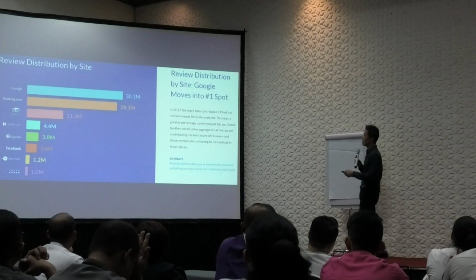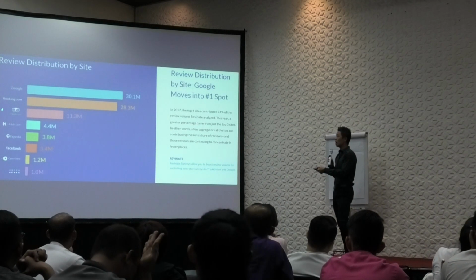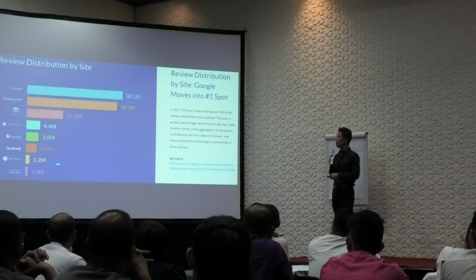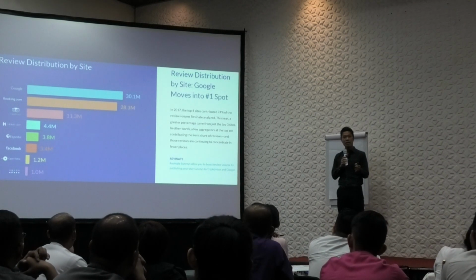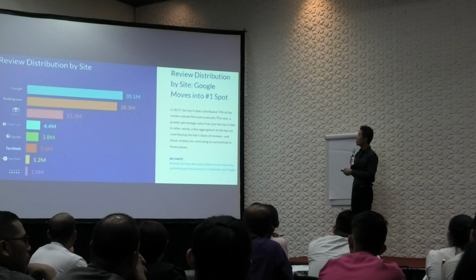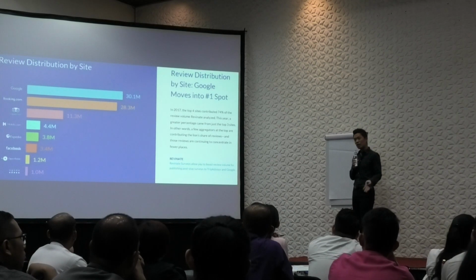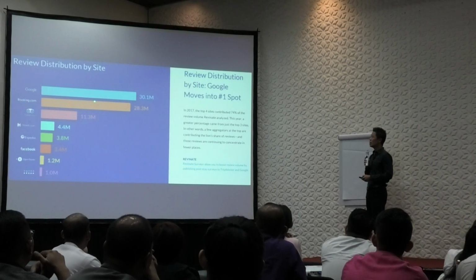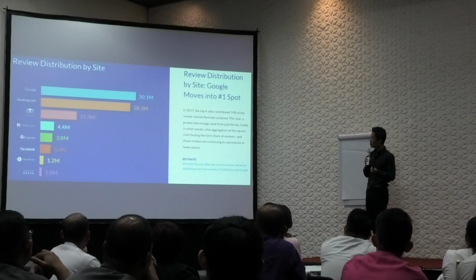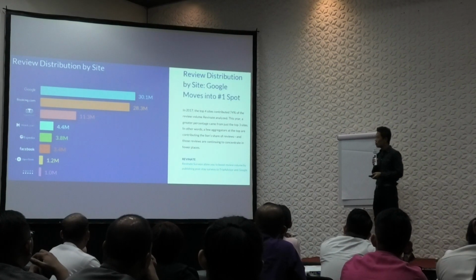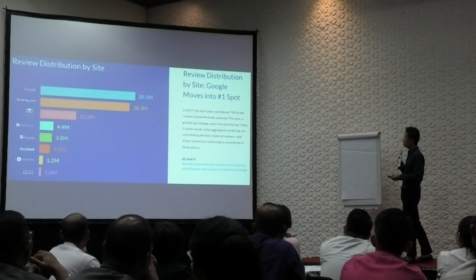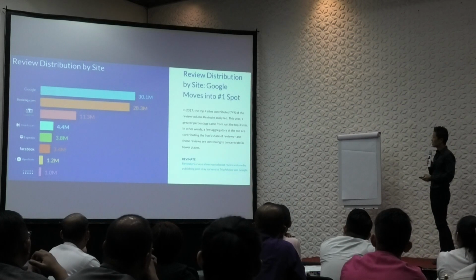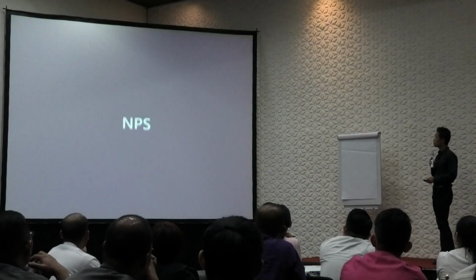Online travel agencies like Booking.com, Expedia and Agoda.com all have a feature to accommodate guest reviews. That's why the number of reviews is now dramatically increasing. And you can see who is leading now. Google reviews and Booking.com reviews are dominating. TripAdvisor is now going down together with Facebook. Facebook used to be huge, but now it is getting less.